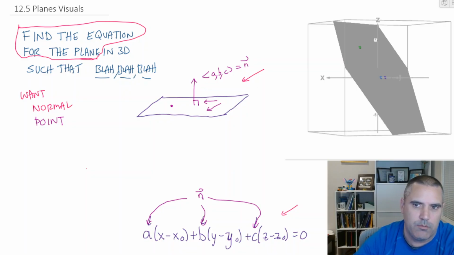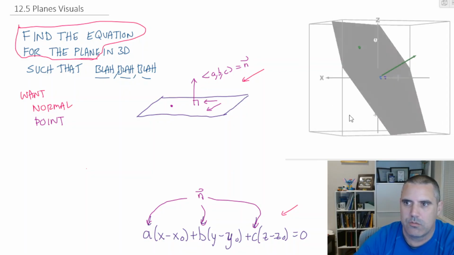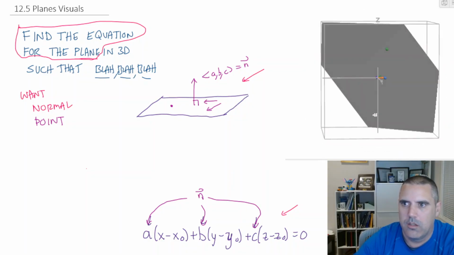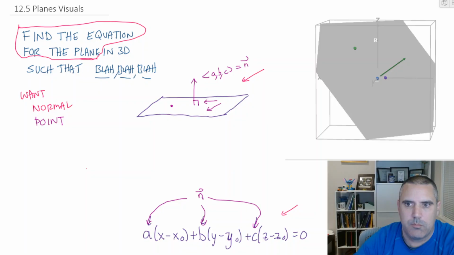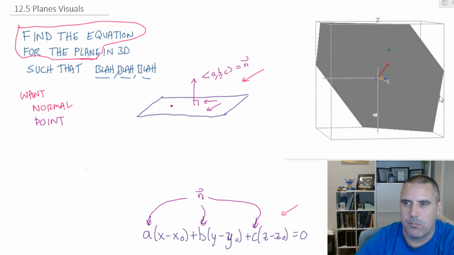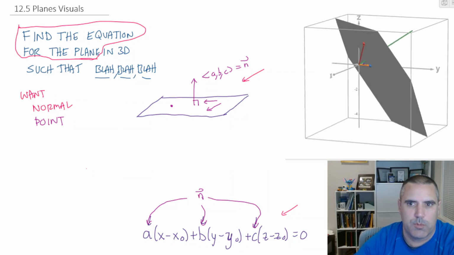I think of it as the tilt vector, a vector that sticks straight out of it. And the clever observation is that if you draw a vector between any points, whatever they are, so here are 2 vectors that point from the origin to my plane, to 2 points in my plane.